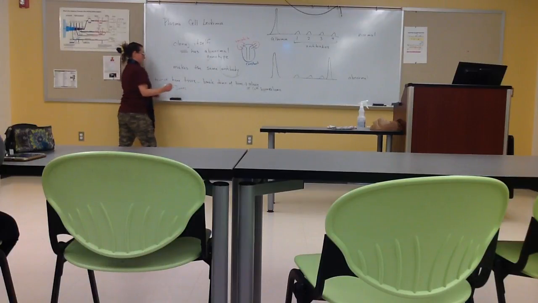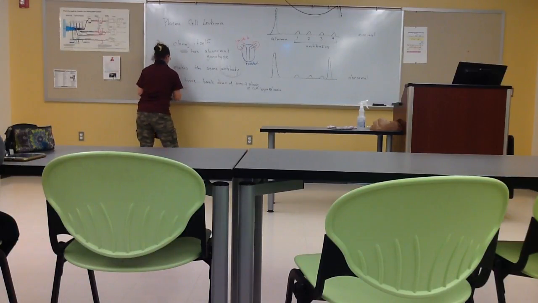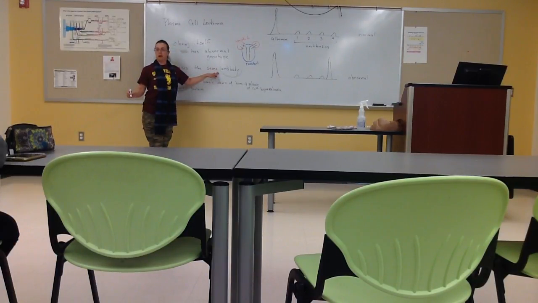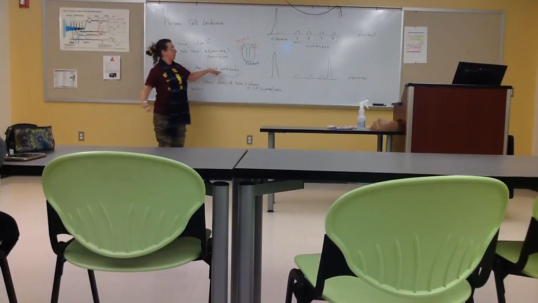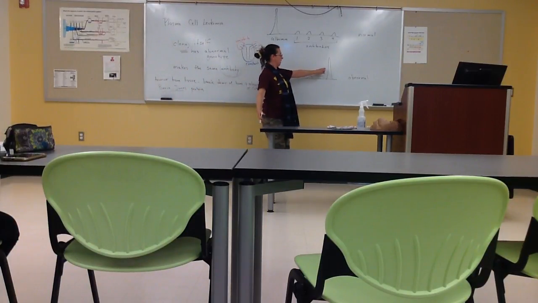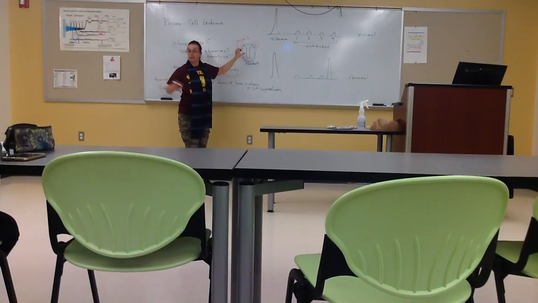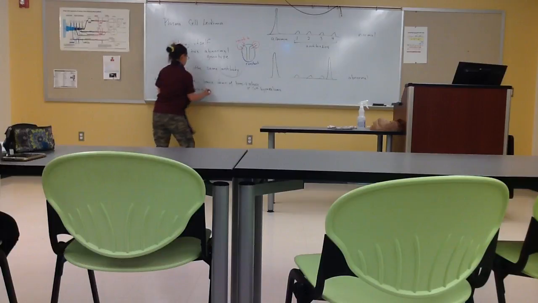Bence Jones is this protein that's from this same antibody, but what ends up happening with this buildup of these antibodies in the blood, you start to see this short or light chain start to accumulate. And that's called the Bence Jones protein.